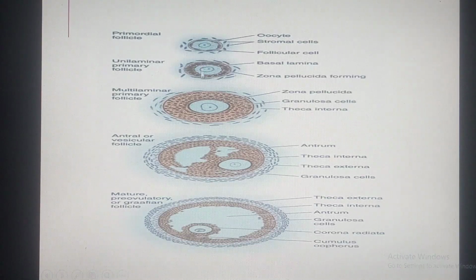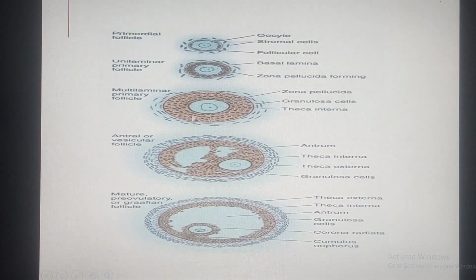Now this follicle, having a primary oocyte and a single layer of cuboidal cells, is known as a primary unilaminar follicle, having a single layer. Continuously, under the influence of FSH, this cuboidal cell will undergo mitosis to give rise to several layers of cuboidal cells.